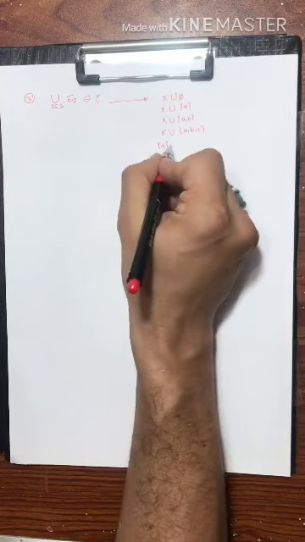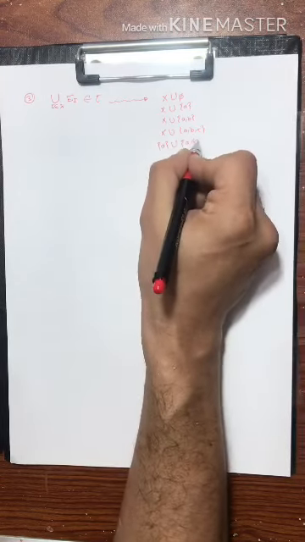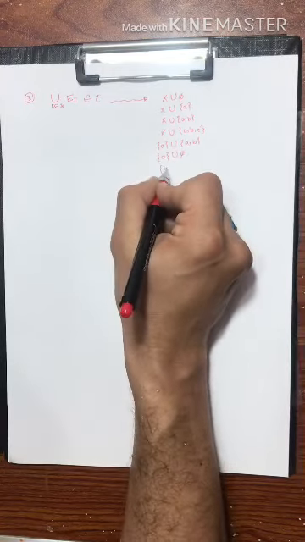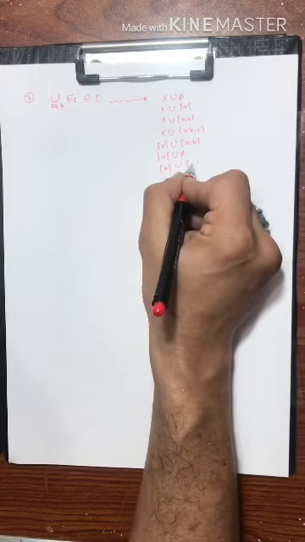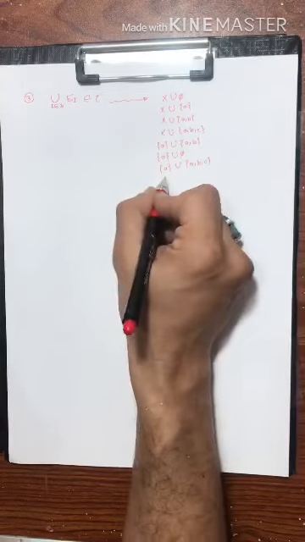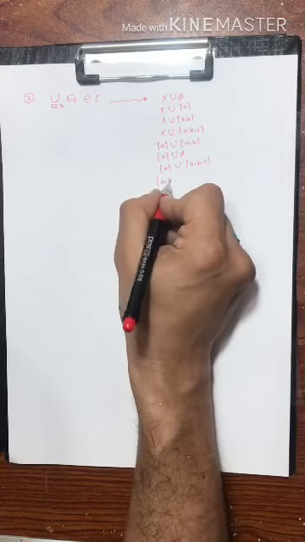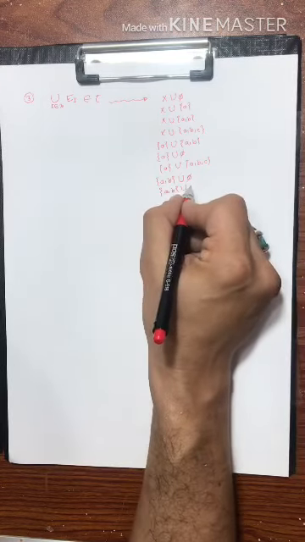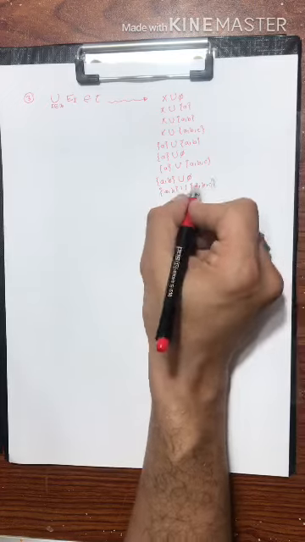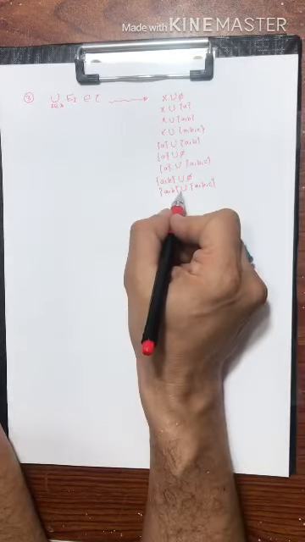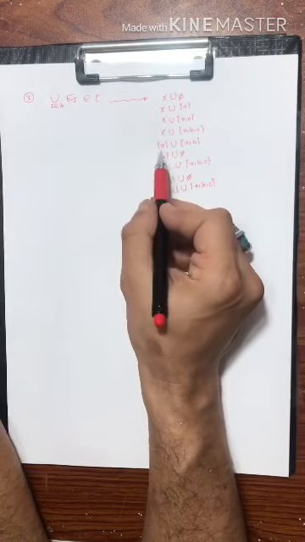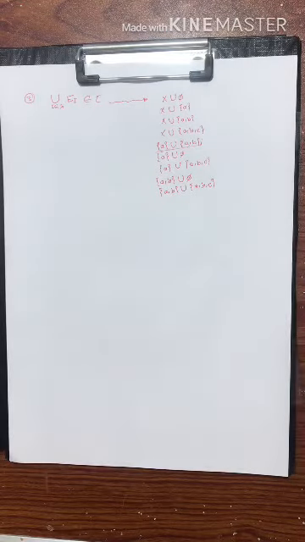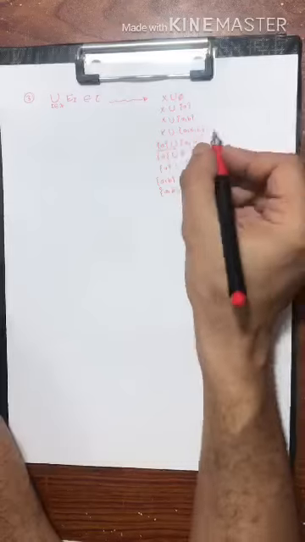Now subset A union subset AB, subset A union phi, subset A union subset ABC. Now subset AB union phi, subset AB union subset ABC.